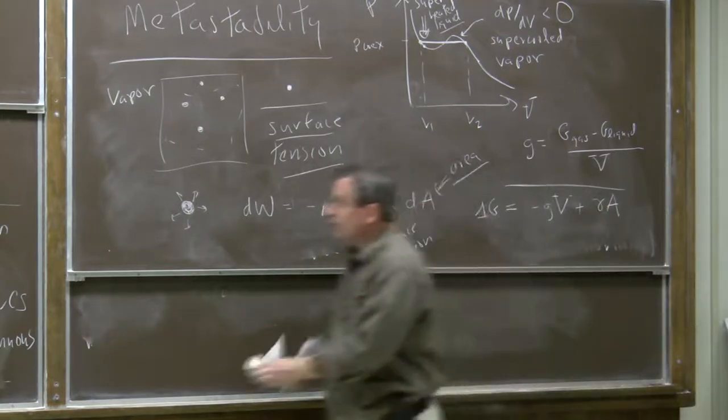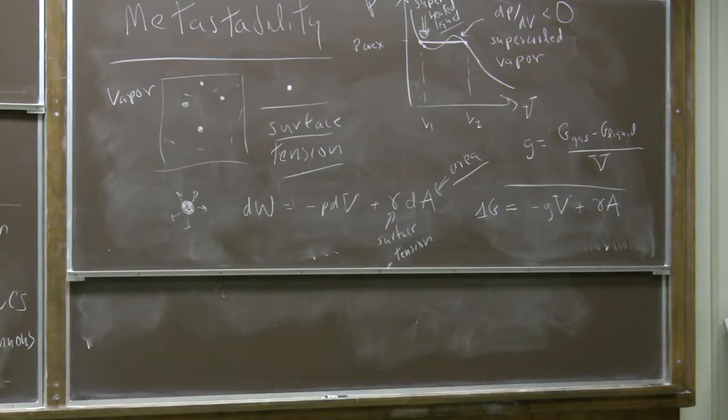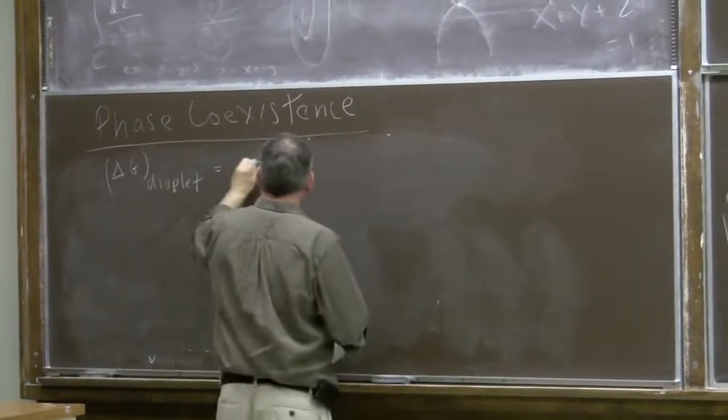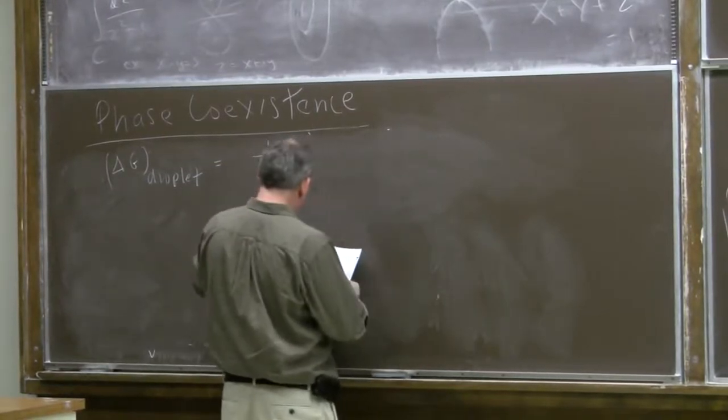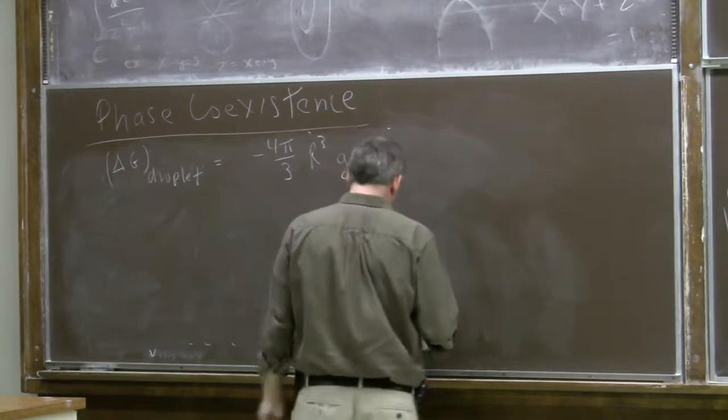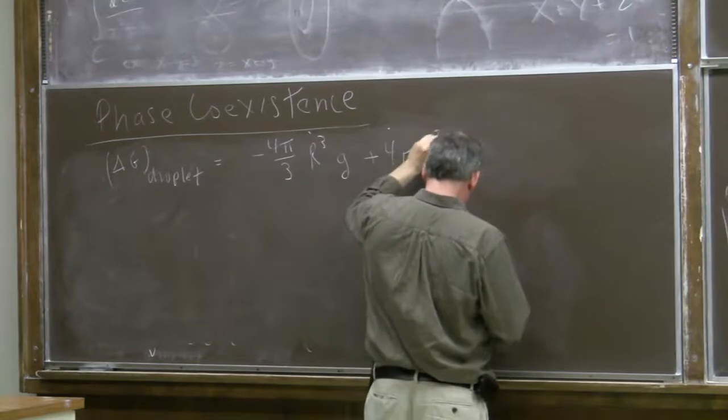So if the droplet is spherical, which is actually what it will prefer to be in order to have the smallest possible area and therefore do the least work against surface tension for a given volume, then the energy cost of making a spherical droplet is just minus the volume of the sphere, 4 pi over 3 r cubed, times the Gibbs free energy per unit volume, plus 4 pi r squared times the surface tension.